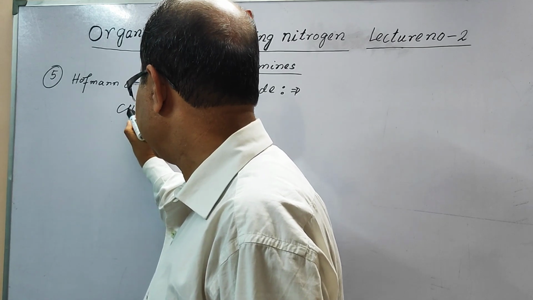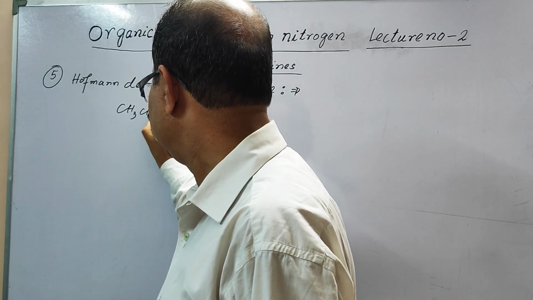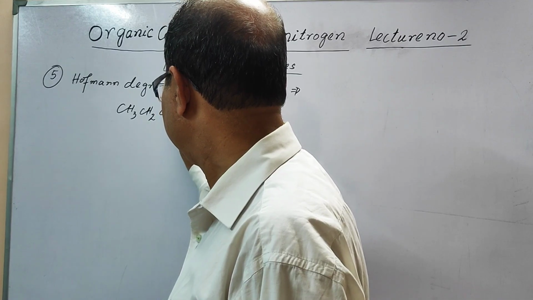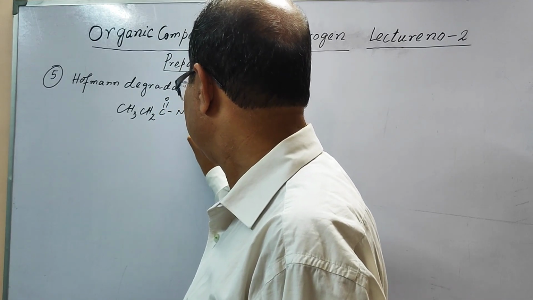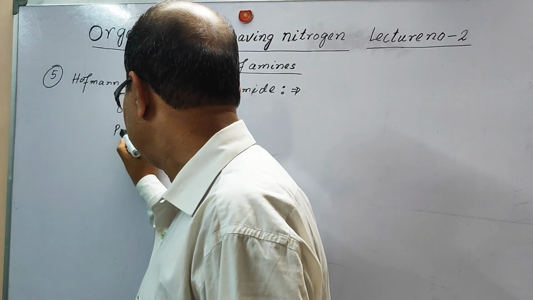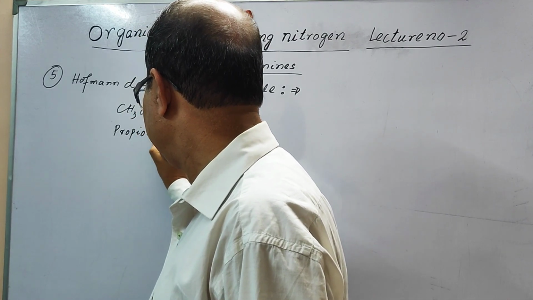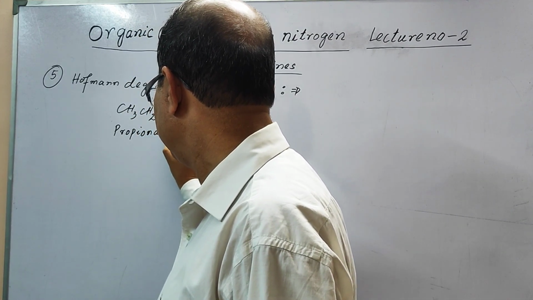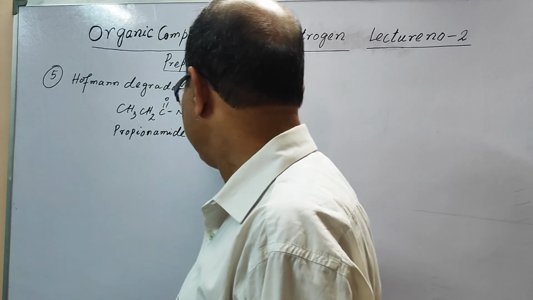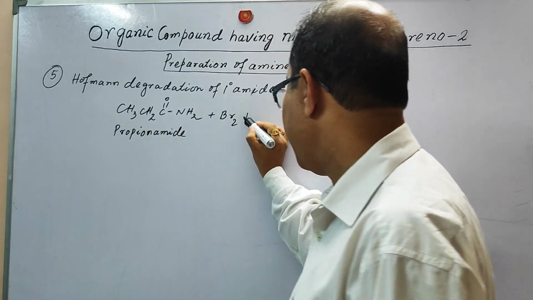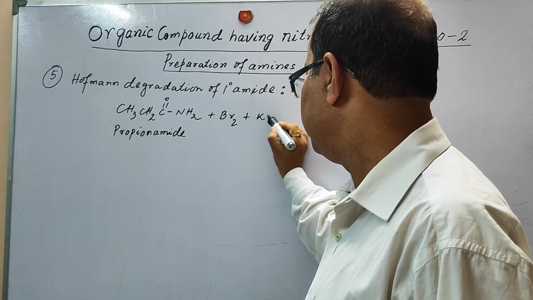Suppose we are taking this amide, this is propionamide, and this propionamide reacts with the bromine and KOH.